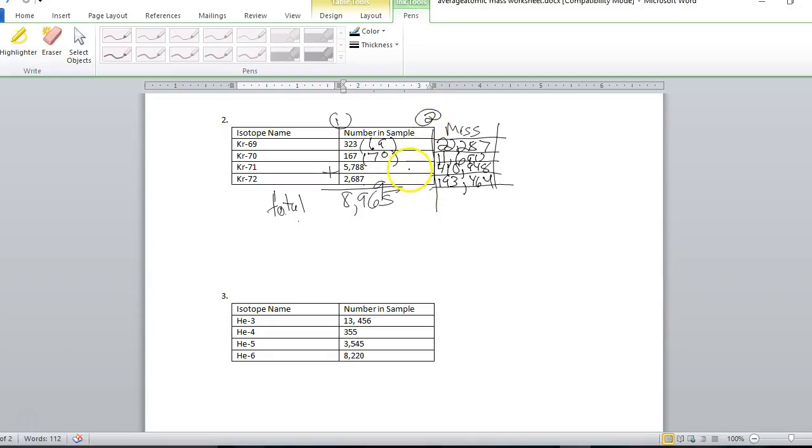The third step here is to add your total mass. So get your total of your whole mass here.